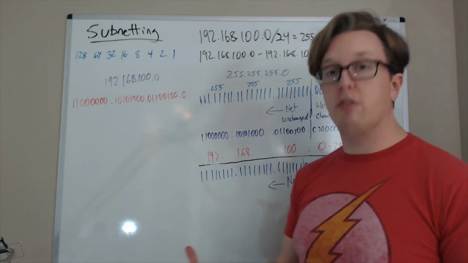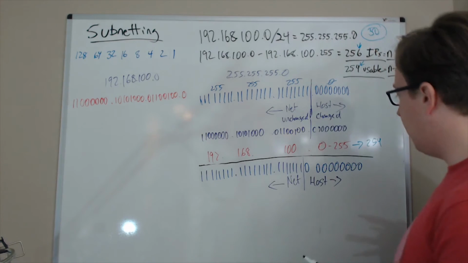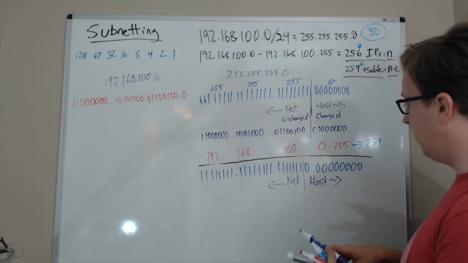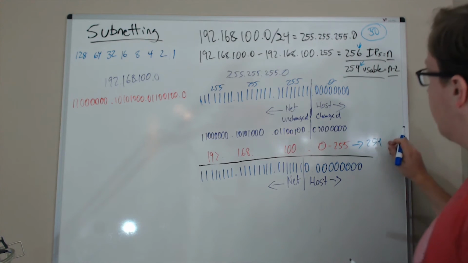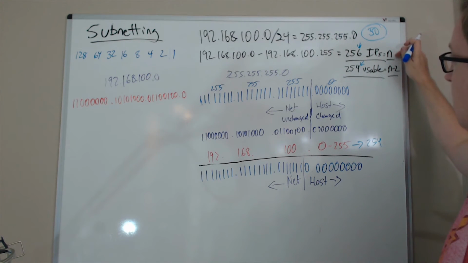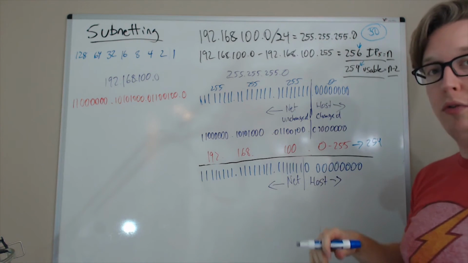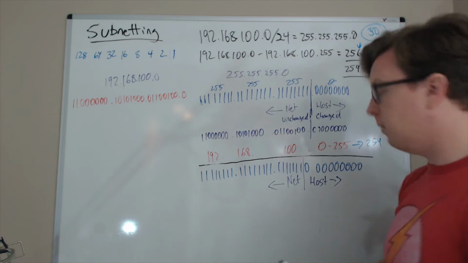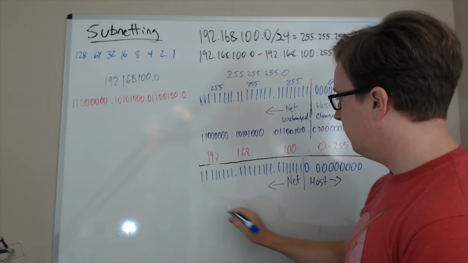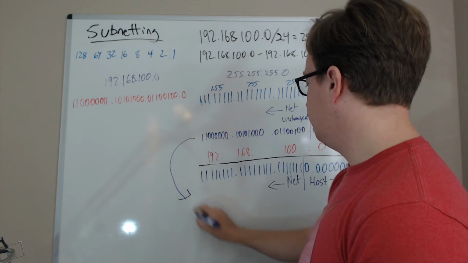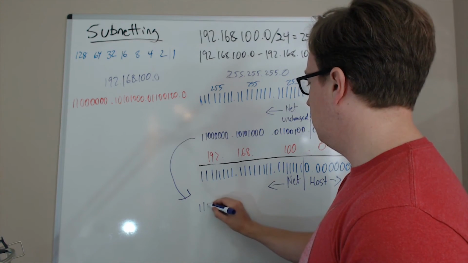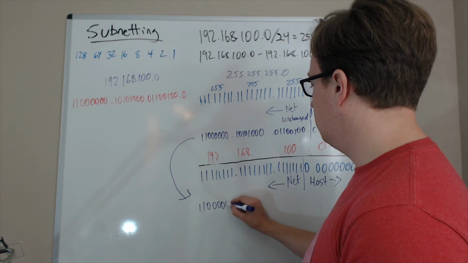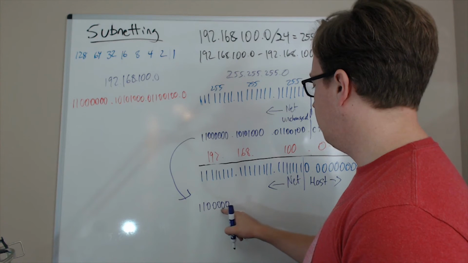Again, that doubles the amount of IPs that we have. So instead of having 256 IPs, we're going to have 512 IPs and 510 usable. Now, how does that look? Bring this guy down here.